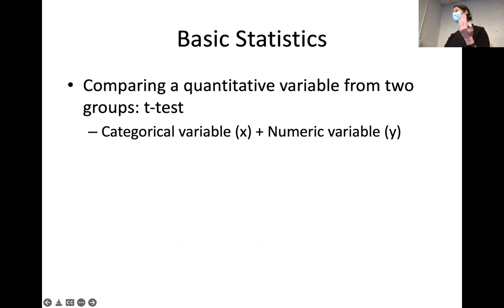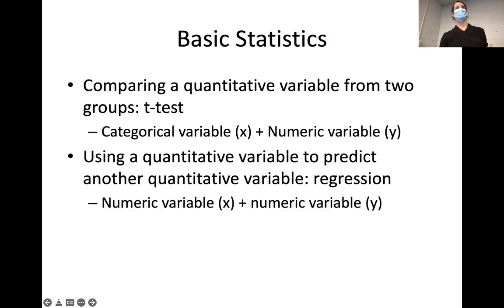So if you can make a bar graph, you're going to do a t-test for the most part, for our purposes, starting out. The y-axis, the y variable, the response variable, is going to be numeric, like I said. If you don't have some kind of numeric variable, you can't really do stats as easily. All right, so category on the X, number on the Y.